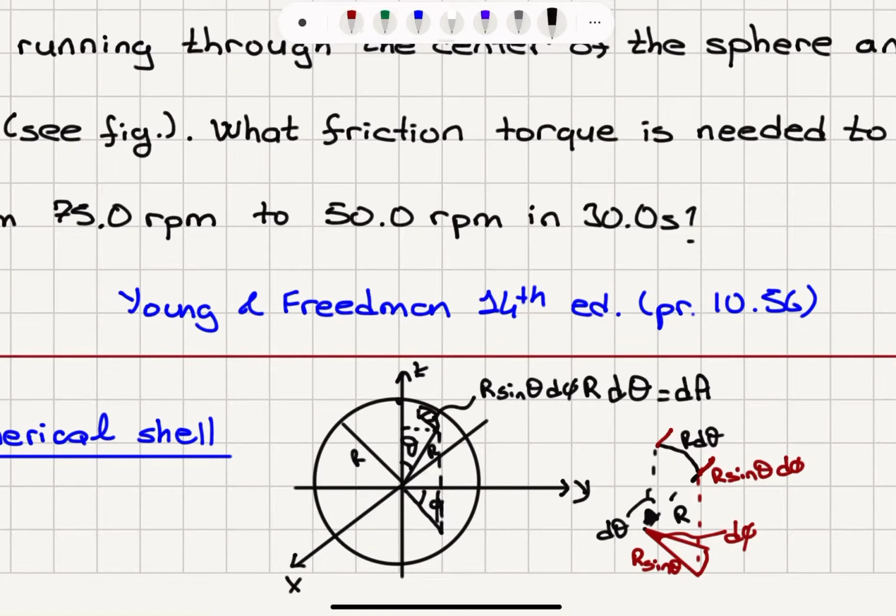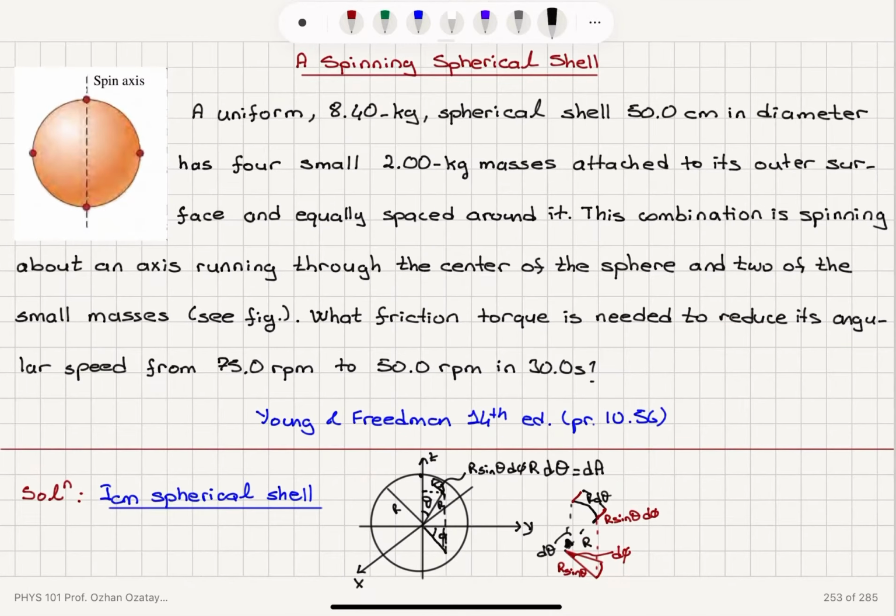So then this completes this area element to be r sine theta d phi times r d theta. So for the mass density, for a uniform spherical shell, we have areal mass density, total mass capital M, divided by the surface area 4 pi capital R squared, surface area of a sphere.